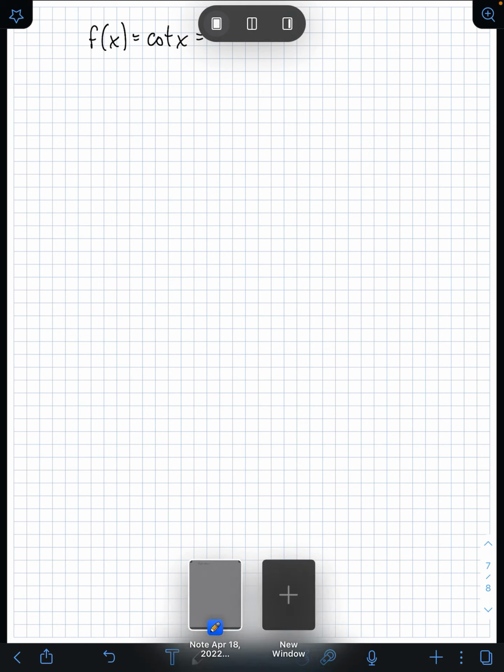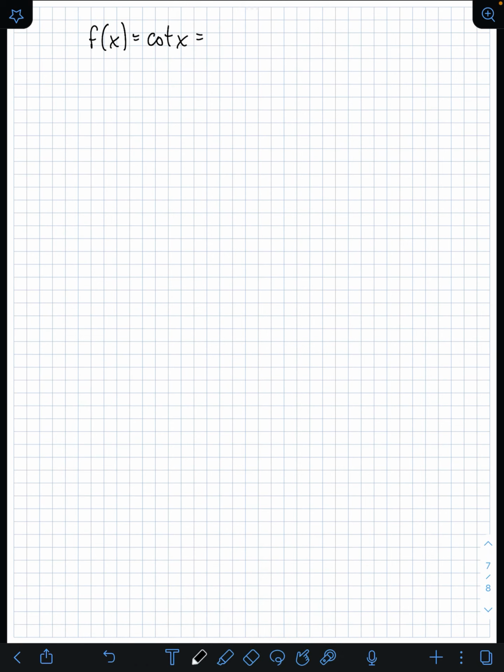That just leaves us with cotangent. Cotangent is the reciprocal of tangent. Now, tangent was different from sine and cosine because tangent had asymptotes built into its domain.